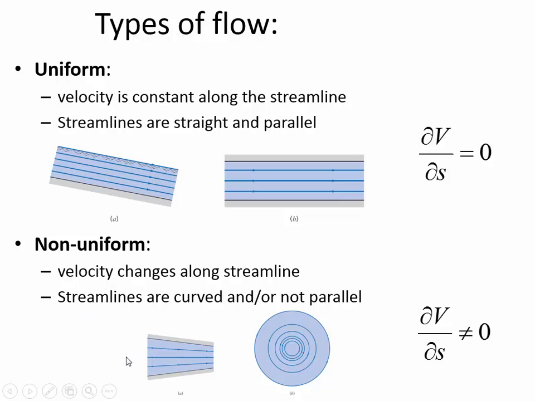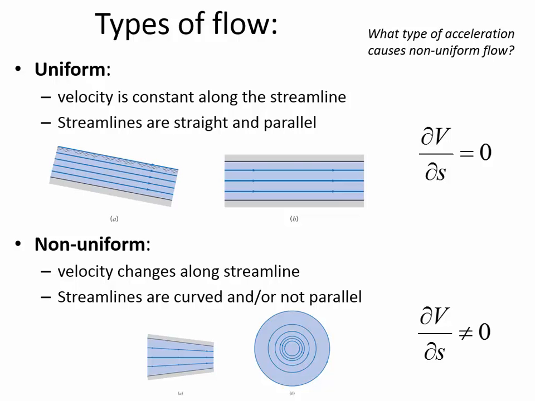What you'll remember about non-uniform flow is that either the magnitude or the direction of the velocity can vary in order for us to consider it non-uniform. Since velocity is a vector, either its magnitude or direction constitutes some change in velocity.